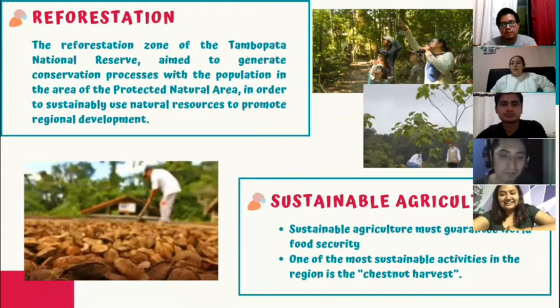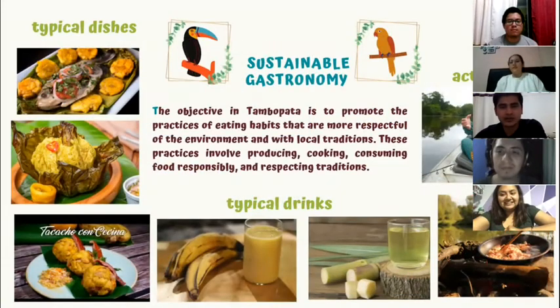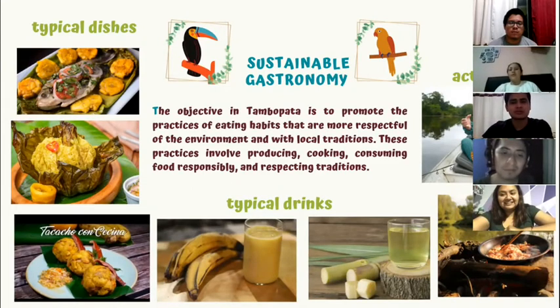Sustainable agriculture requires a governance system and promotes food security in regional trade, and the agricultures will be offered to regional agriculture markets. The objective in Tambopata is to promote the practice of living habits that are more respectful of the environment and of local tradition.